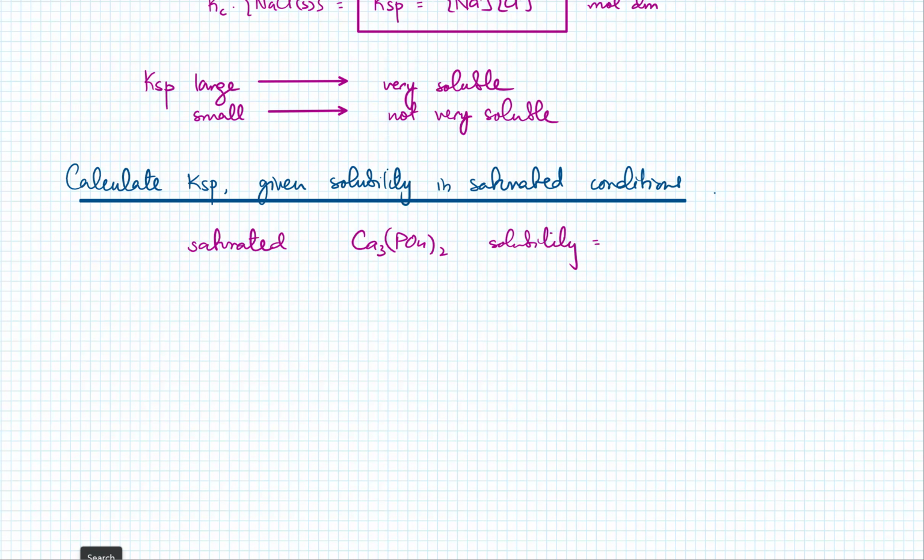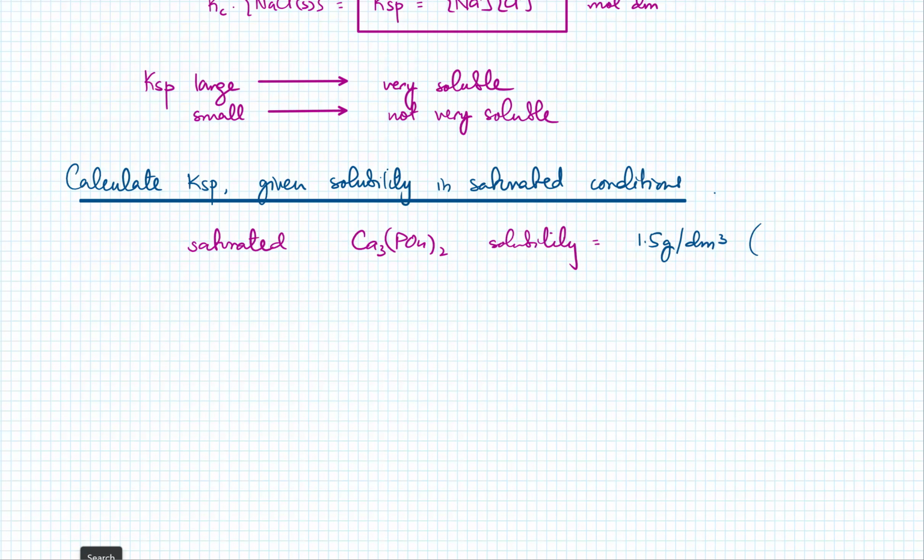So maybe they're going to say 5 grams, but since it's less soluble, I'm just making this up, let's say it's 1.5 grams per dm cube.